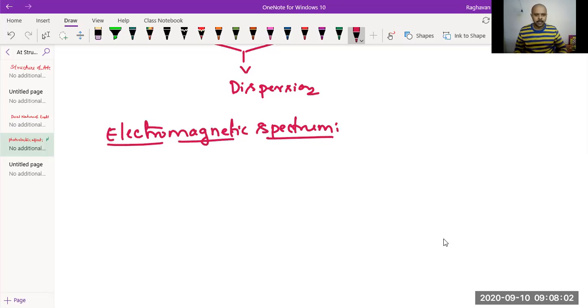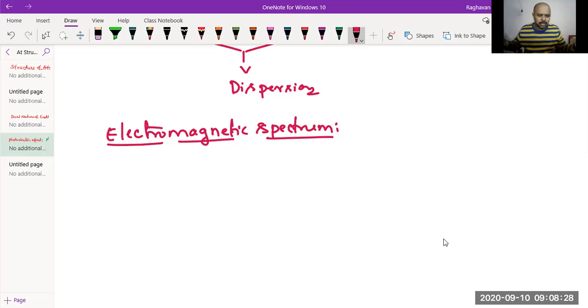Electromagnetic spectrum. What is the electromagnetic spectrum? See, in nature, there are many radiations, as I told you: X-rays, cosmic rays, gamma rays, microwaves, radio waves, and visible radiation. Of all the different radiations existing in nature, a small part is what we can see by naked eye.